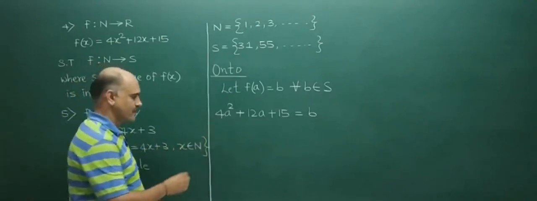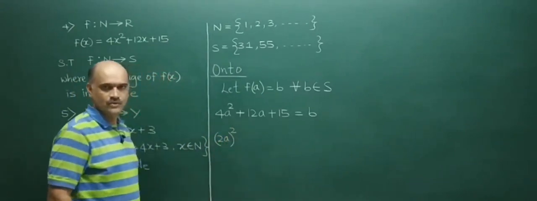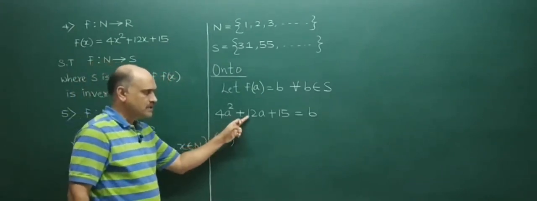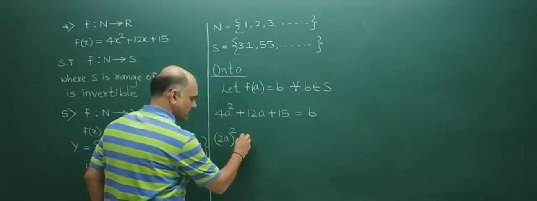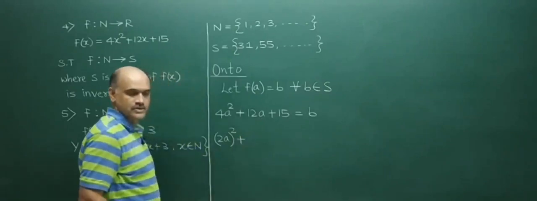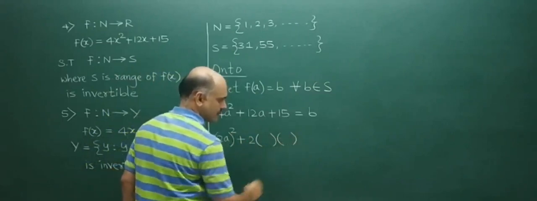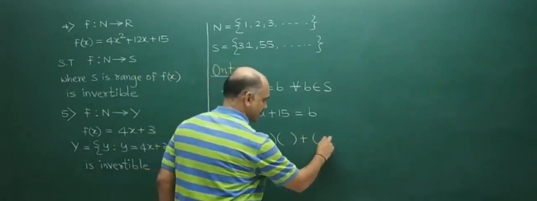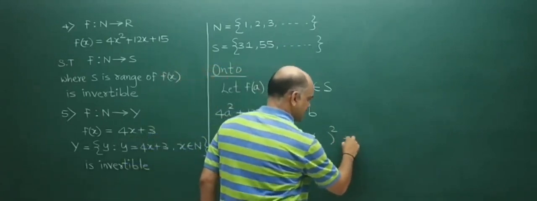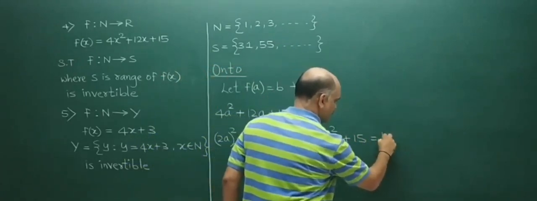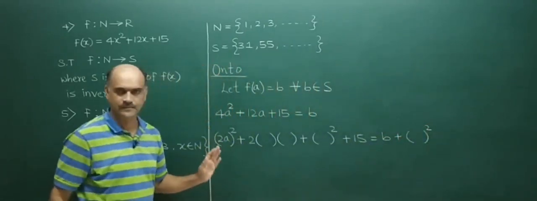So 4a square, I can write it as (2a) whole square, plus 12a, then plus b square, and this 15 as it is, equal to b plus b square. On both sides you are required to add b square.